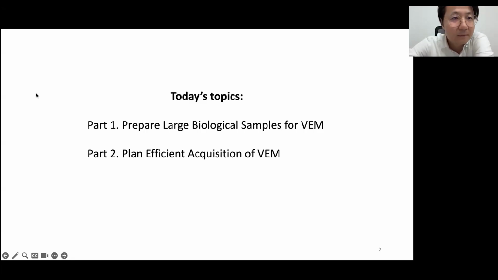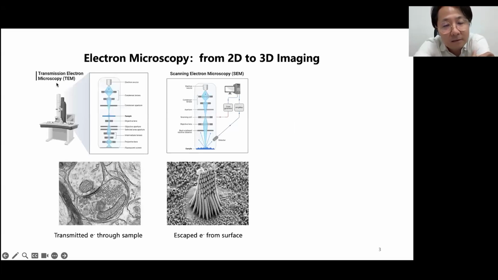For this audience, I probably don't need to emphasize too much about electron microscopy. As you know, with TEM we can image the ultrastructure of, for example, synapses, and with scanning electron microscopy we can also map the sample surface to image the topology or even 3D structure from the top layer.